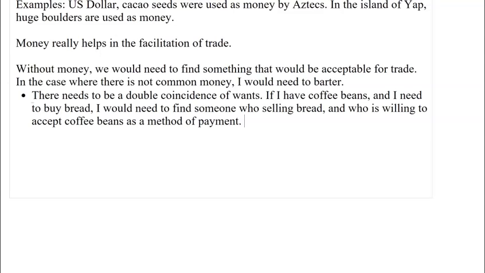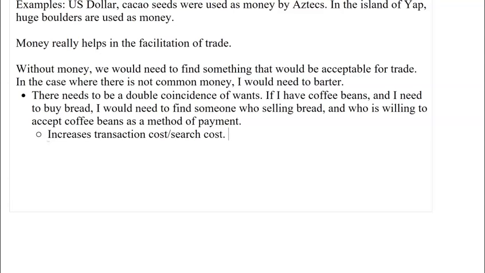Of course, this would lead to a lot of searching, because what if that person doesn't want to accept coffee beans as a method of payment? Then I would need to find a person who has bread at supply and is willing to accept coffee beans as a method of payment. So this then increases transaction cost and search cost.